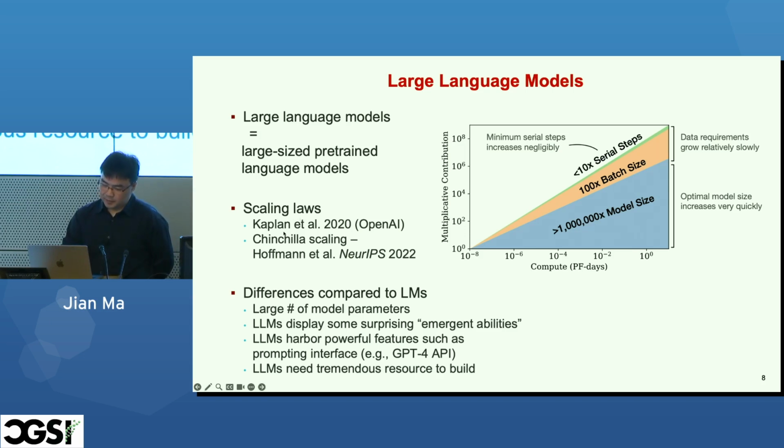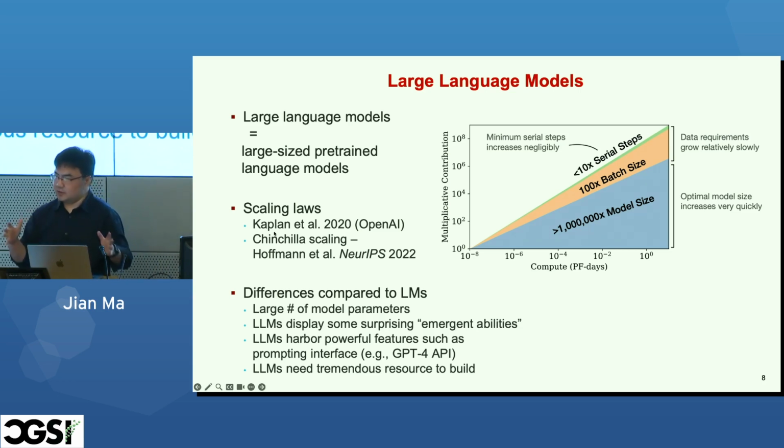The paper by Kaplan et al. from OpenAI is an empirical analysis that asks: if you have a limited allocation in terms of compute budget, how do you allocate that?